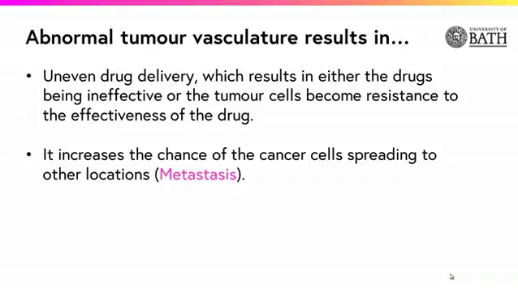And this results in resistance to the drugs because this drug is sitting there for a long time and not really doing anything much. It also, like I said before, increases the chances of metastasis or spread of cancer cells from one location to another. So let's look at how the molecular pathways work.